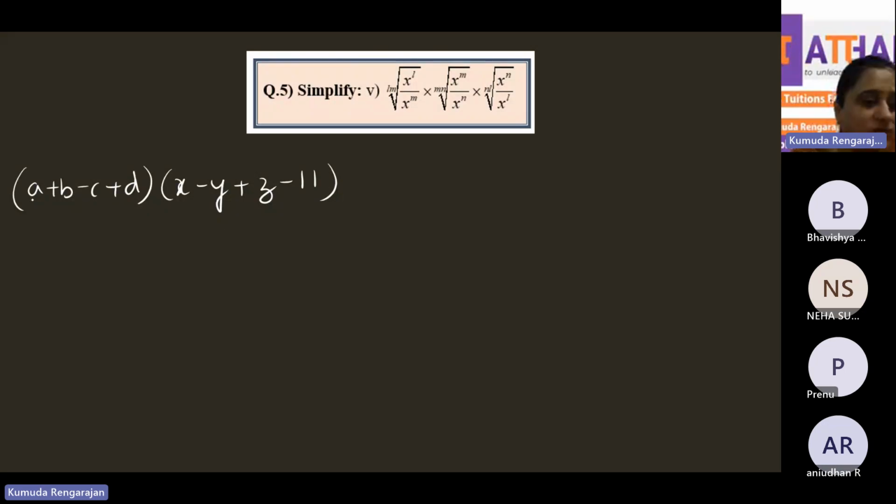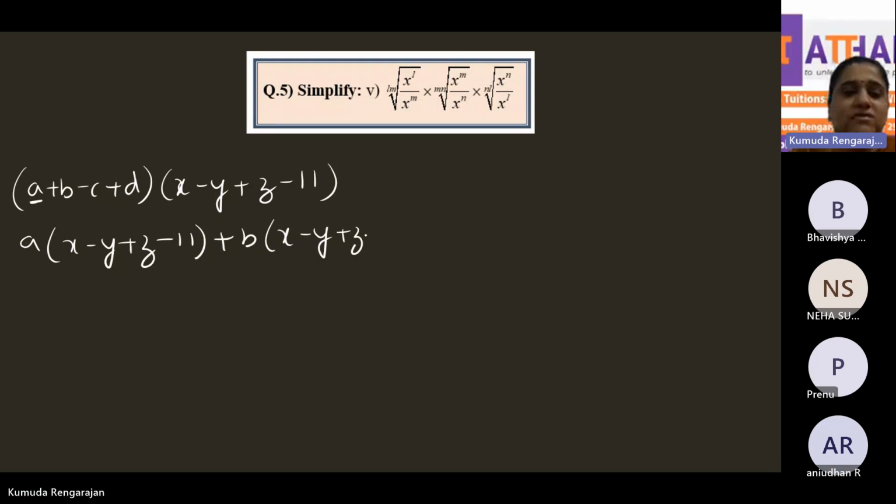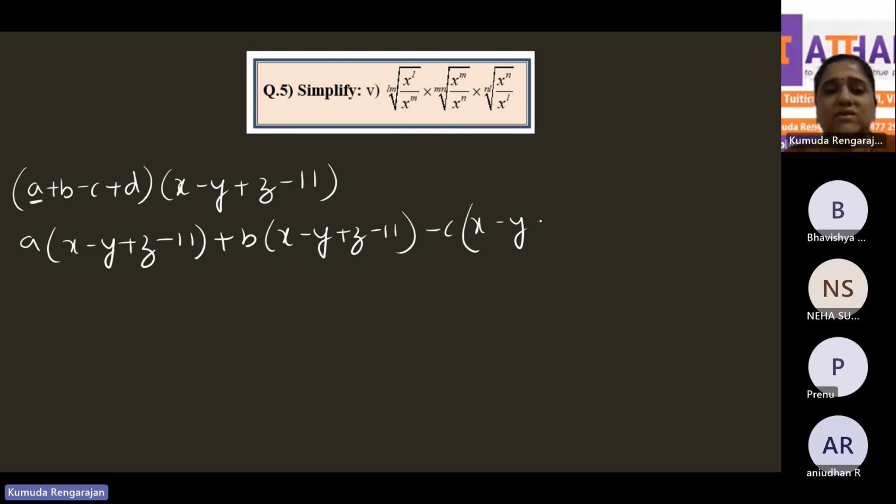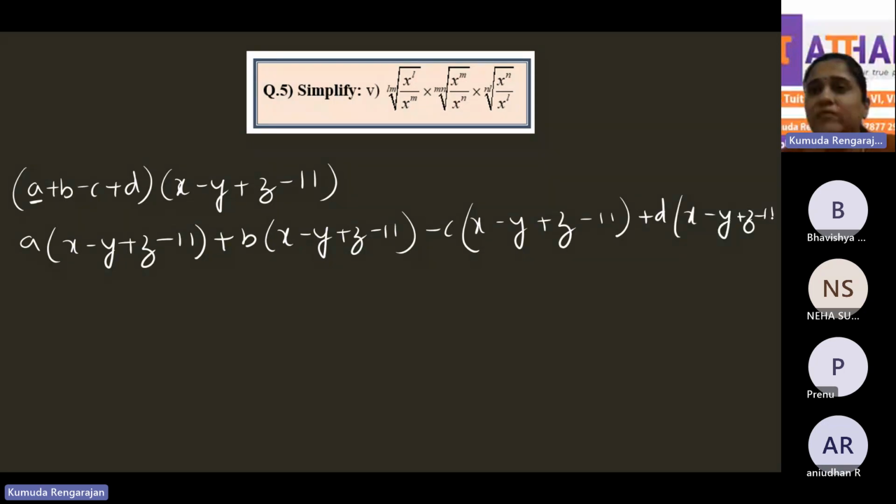How do you multiply this? The first term A with the second bracket. Then the second term plus B with the second bracket. Then the third term with the second bracket. You understand the rhythm? And then the last term plus D with the second bracket. This is how we multiply. Every term of the first bracket must be multiplied with the second bracket. So apply that here.